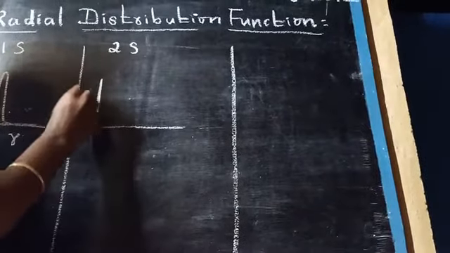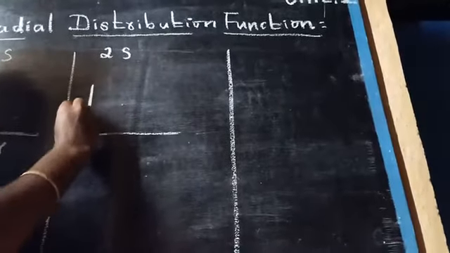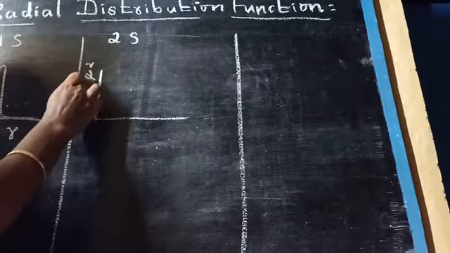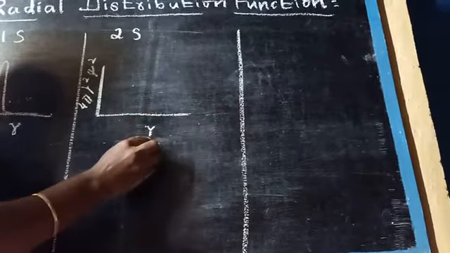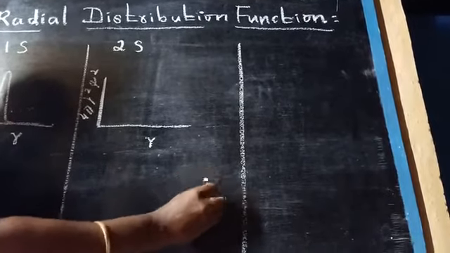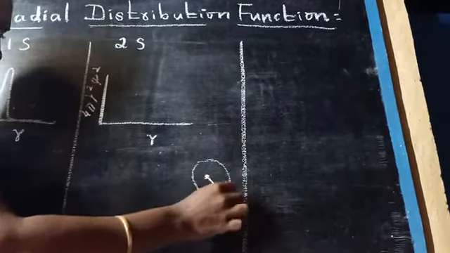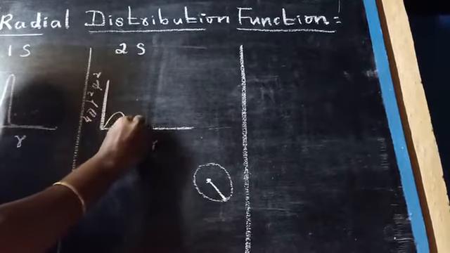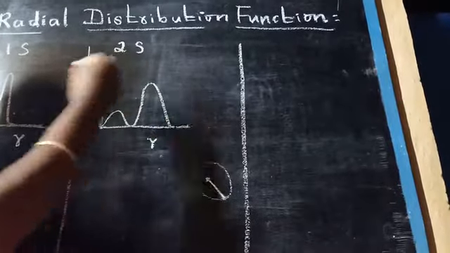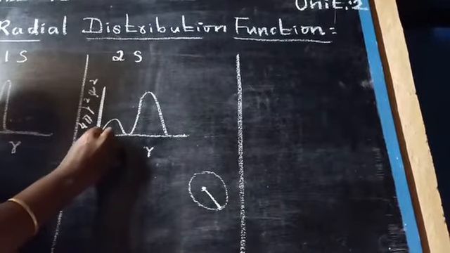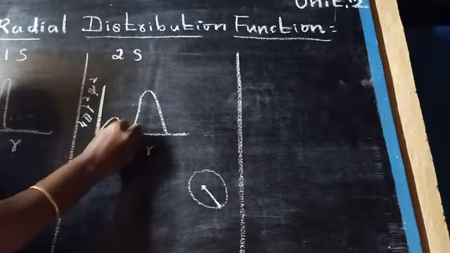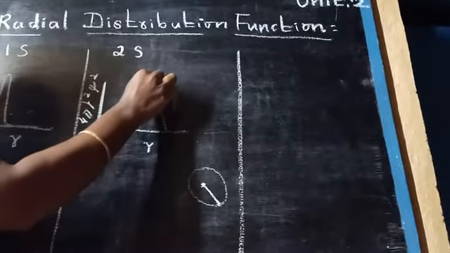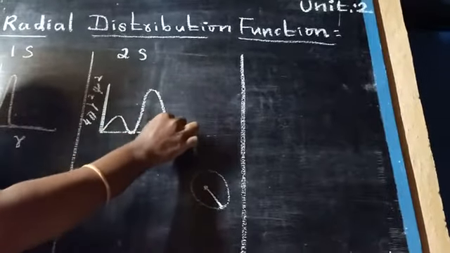The graph is plotted between 4 pi r square psi square, where psi square is the probability density, and r is the distance between the nucleus and the electron. See the graph: it first increases, then decreases, reaches 0, again increases to a maximum, and decreases to 0.